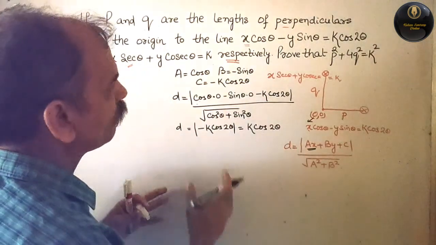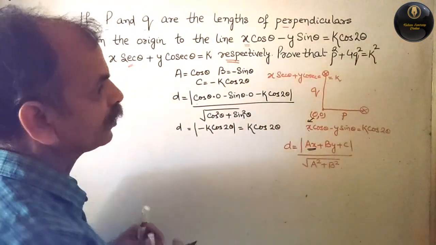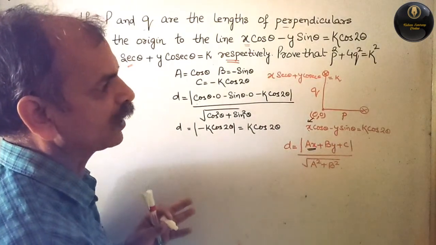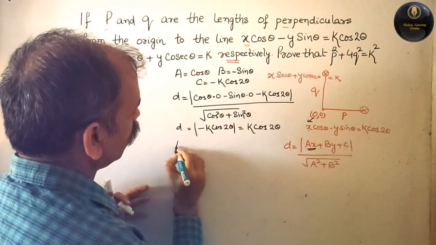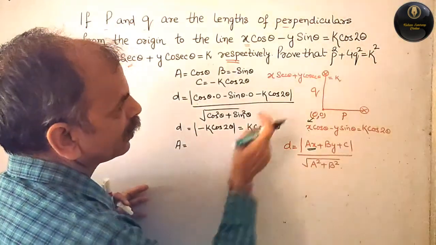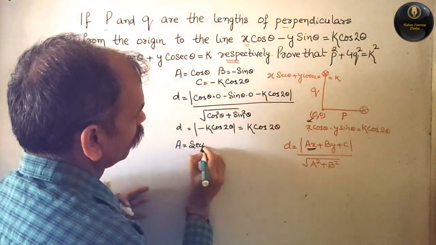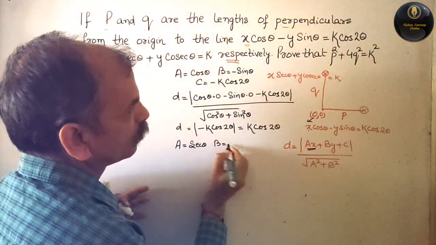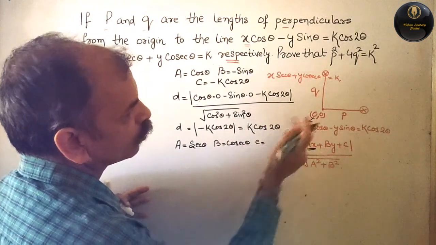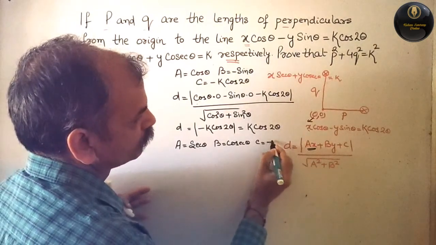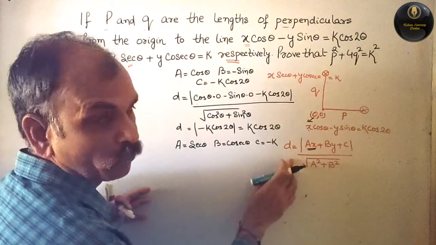Now in the same way we have to do for the second line also, that is x sec theta plus y cosec theta is equal to k. Here A is equal to sec theta, B is equal to cosec theta, and C is equal to minus k. Now substitute these values in the D formula.